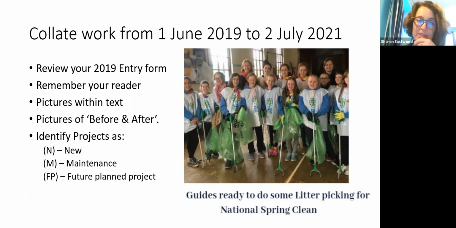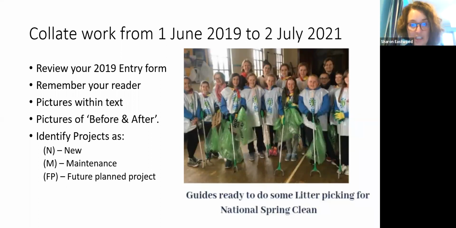Some of this is really simple stuff, and apologies if I'm teaching grannies to suck eggs, but put your pictures in with your text, and have your before and after pictures. And one of the big things to remember from the entry form from 2019 and before is to identify your projects.